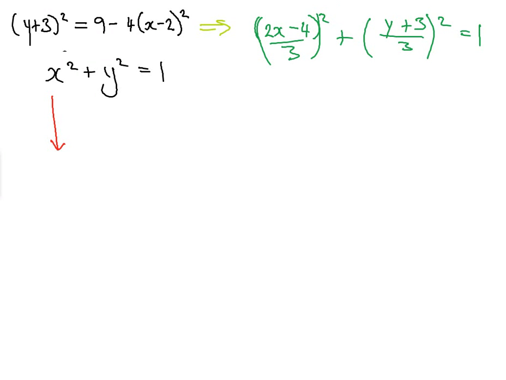So when we first translate, we're not going to be translating by 2 units. We're actually going to be translating by 4/3 units in the positive x direction. So our x goes to (x − 4/3)² + y² = 1.